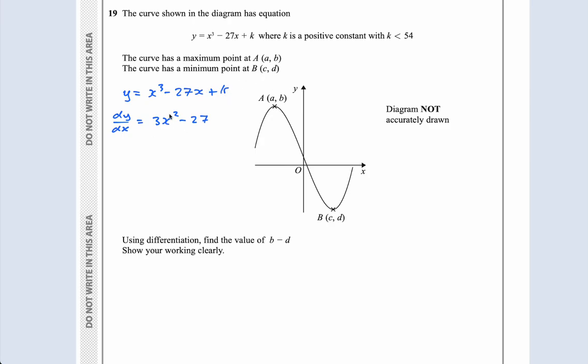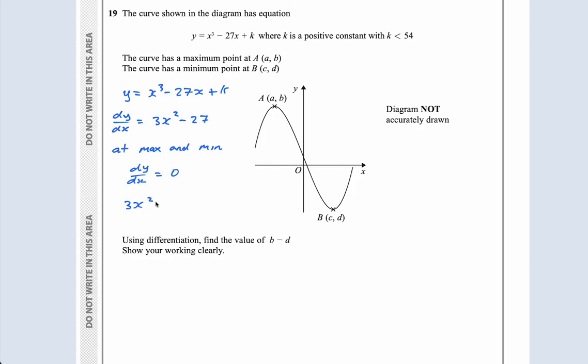So that's the derivative. At max and min, dy dx equals 0.